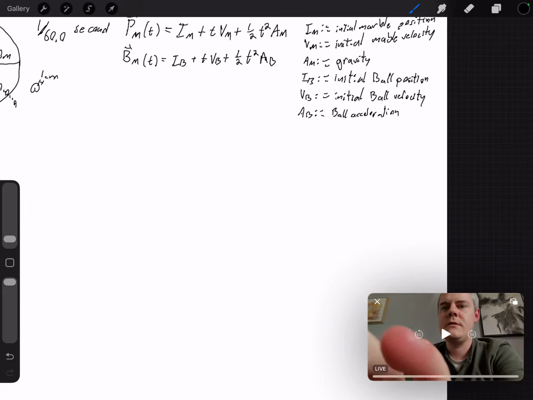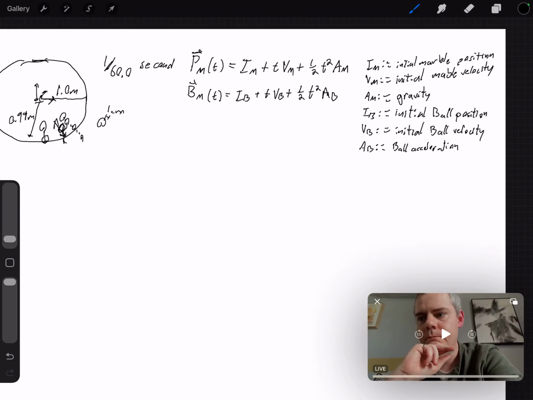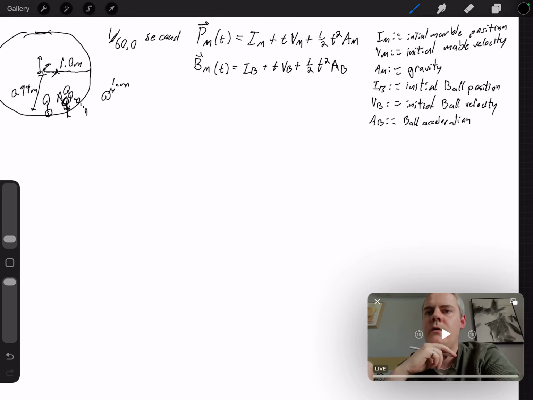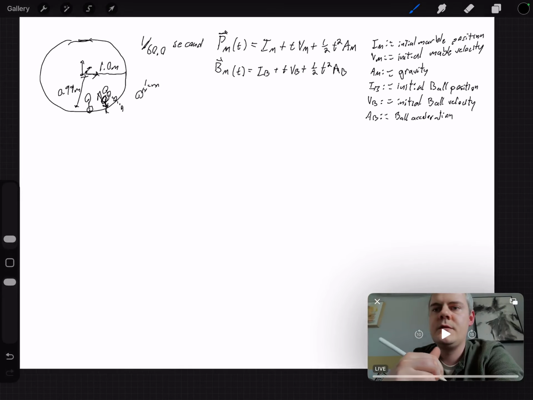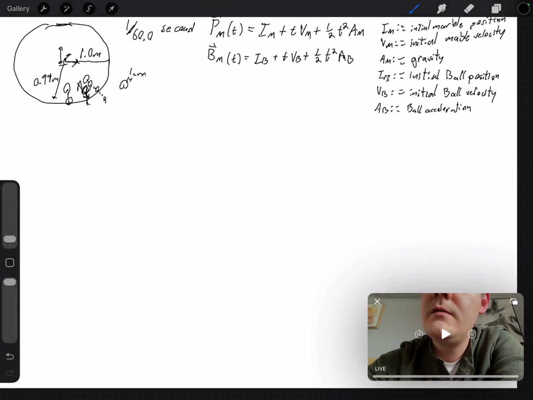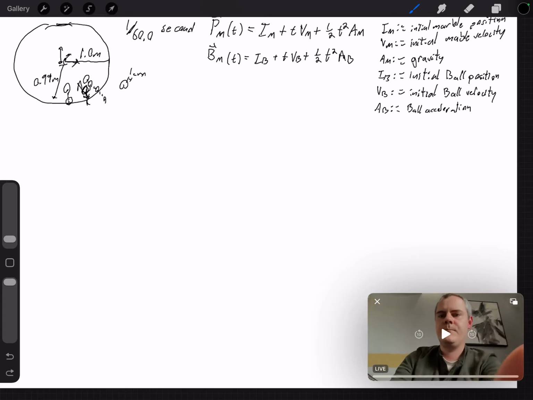Okay, this is a good start. But what's next? I want to find when the distance between these two equations is the radius. So I probably could parameterize this with two more things: the marble radius and the ball radius.